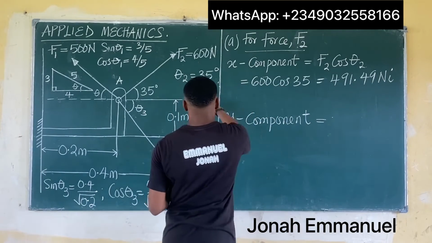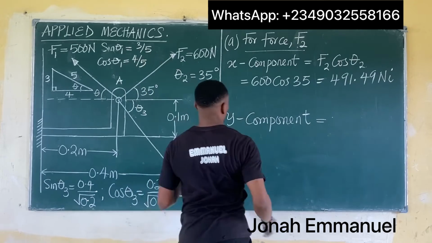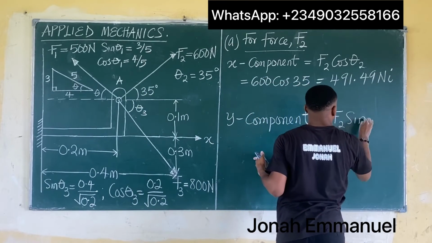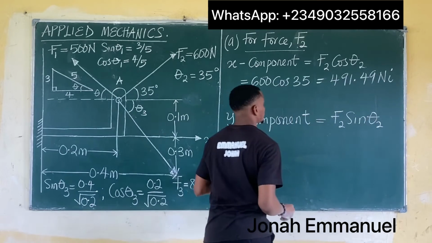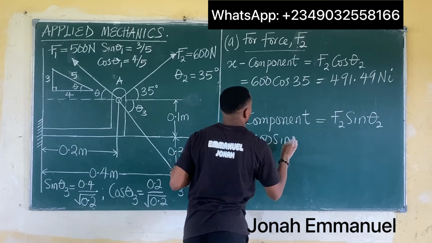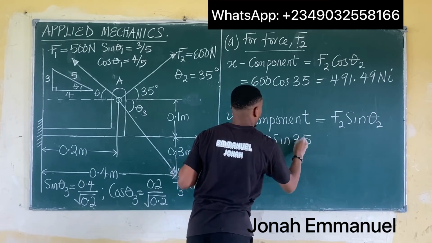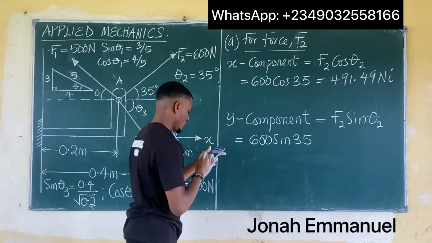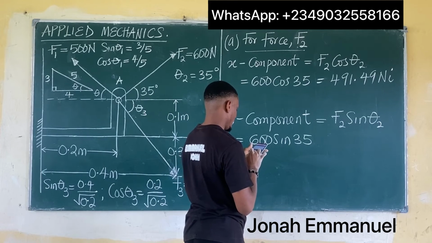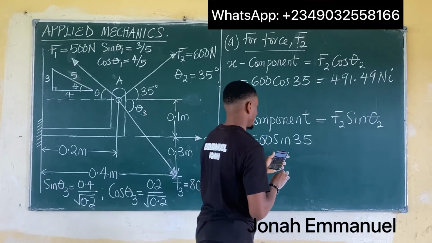The y component of F2 this way should still be positive. So positive F2 sine theta 2. That should be equal to 600 sine 35.